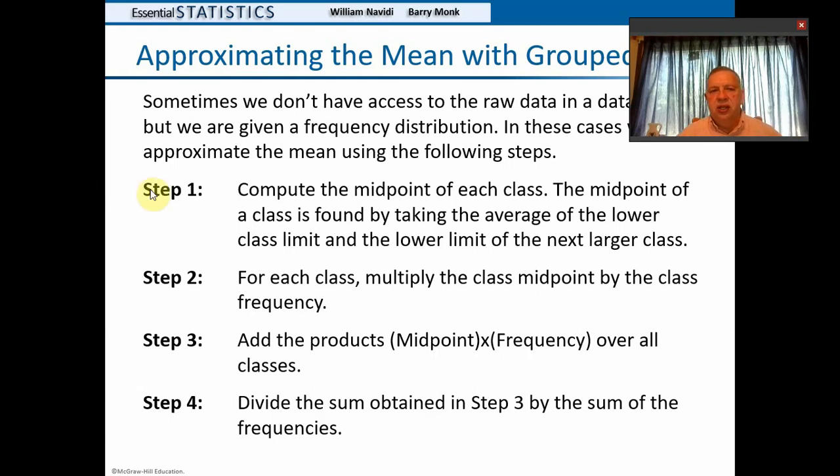So our step one is going to be compute the midpoint of each class. The midpoint of a class is found by taking the average of the lower class limit and the lower limit of the next larger class. So for each class, multiply the class midpoint by the class frequencies. I'm going to add up all of those products, the midpoint times the frequency, over all the classes, and then divide the sum obtained in step 3 by the sum of the frequencies.